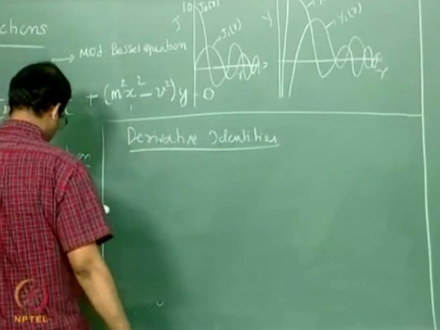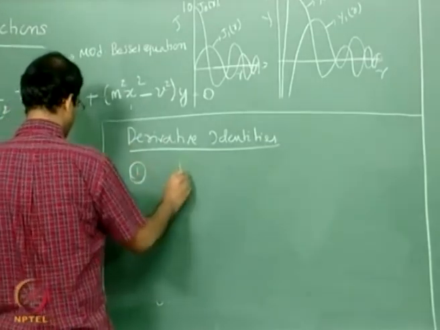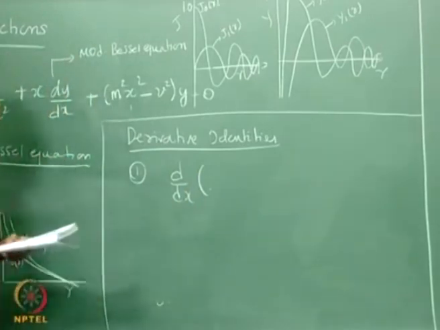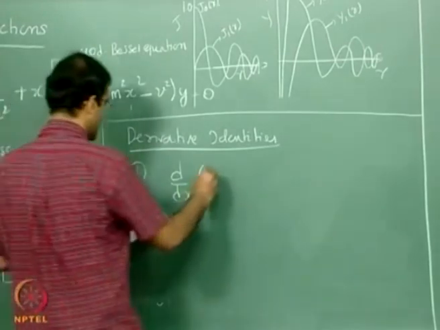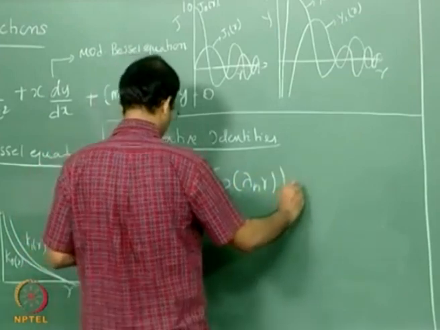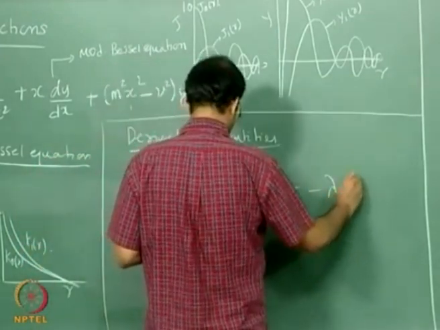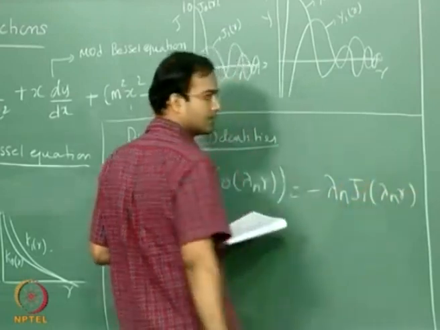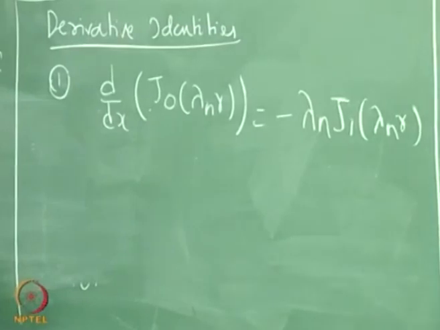So identity number 1, if you differentiate the 0th order Bessel function of the first kind, that is your J naught lambda n r, that gives you minus lambda n J1 lambda n r. This is your first identity.